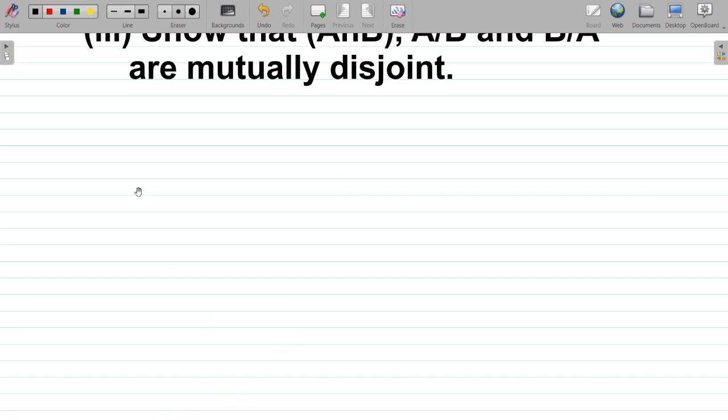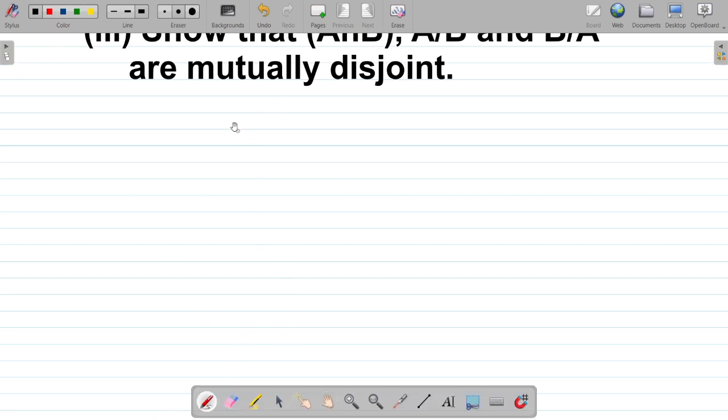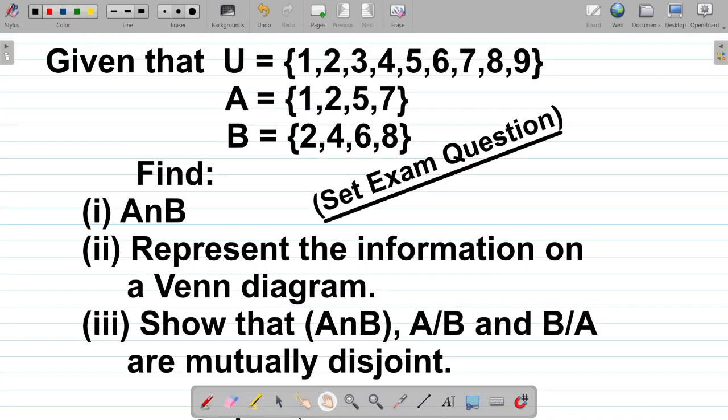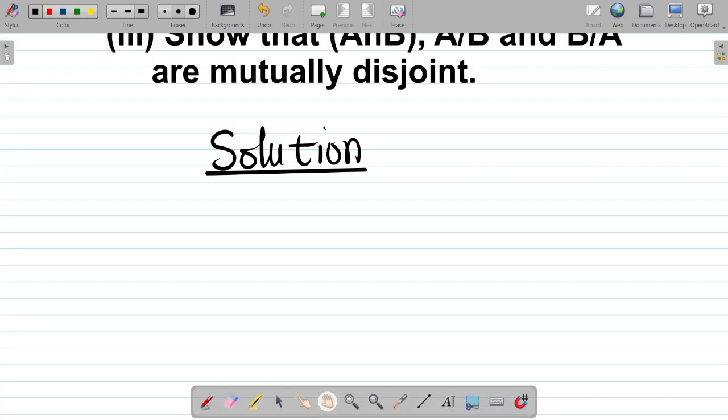So, solution. In this question, I have that A is equal to the set of numbers 1, 2, 5, 7.